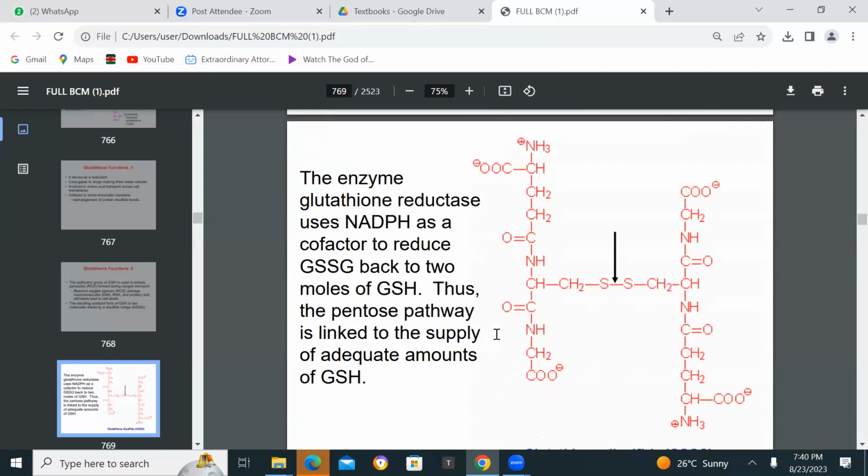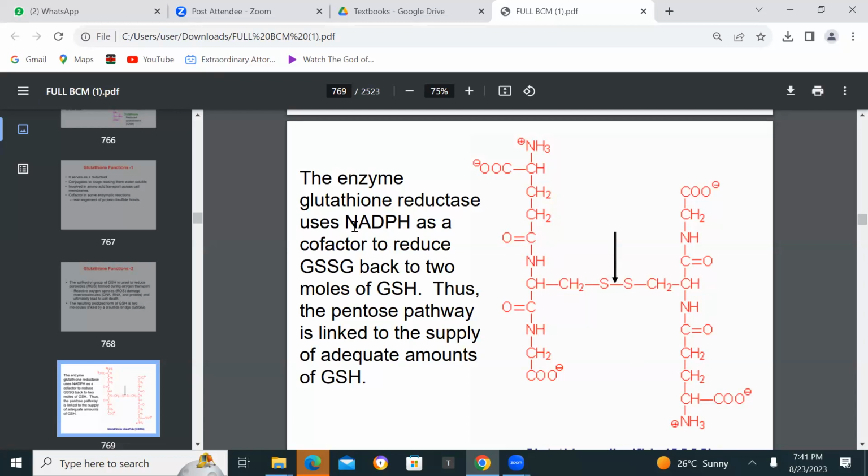When you have those reactive oxygen species and they interact with glutathione, it ends up forming these disulfide bonds. Now you would need glutathione reductase to break these bonds. But glutathione reductase needs a cofactor to function properly.